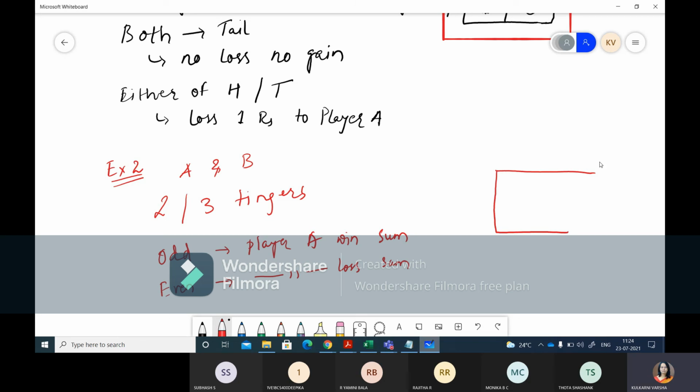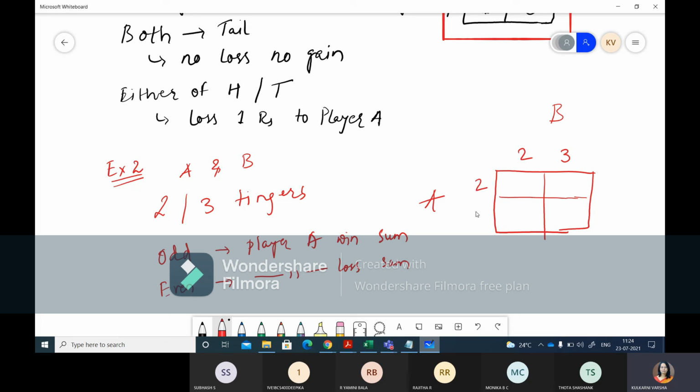See here, what is the strategy? The strategy is simple. Either you show two fingers or you show three fingers. So here on this side is player A, and this side is player B. Player B will either show two fingers or three fingers.